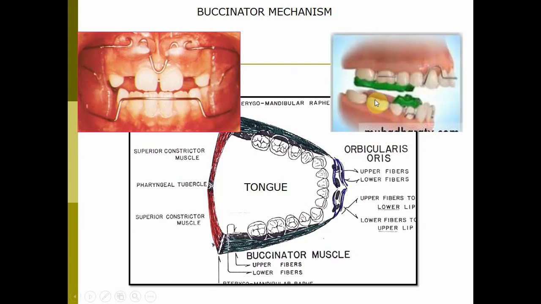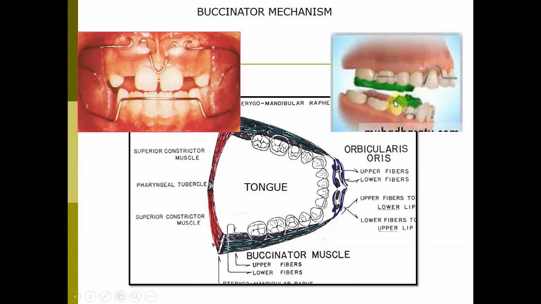Okay, same way, this is your twin block. Because this appliance is divided into two parts, we call it a twin block. Now Frankel is acting more on force elimination, whereas your twin block is acting more on force application. This appliance has to be worn while the patient is eating also.